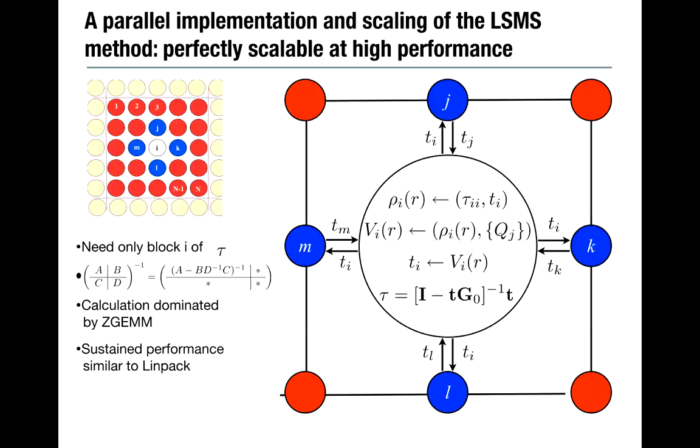The main computation really happens inside this matrix inversion that you see at the bottom, inside this circle that sketches out the operations we do. We need to calculate the density in the first step, the rho there, then from the densities we can calculate the potentials. The potentials give us the scattering, and then the big calculation is inverting about a 4000 by 4000 matrix.